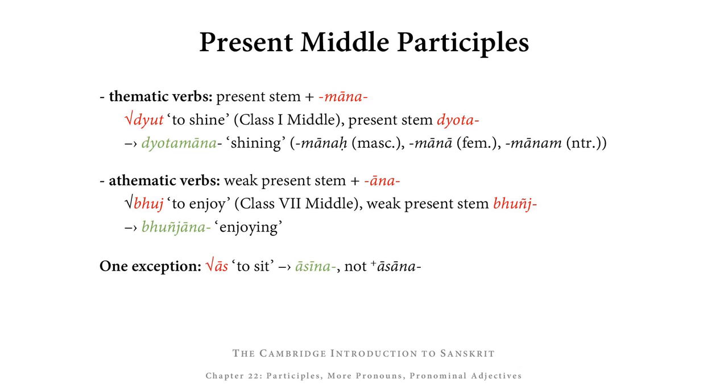And to that we then add ana, giving us bhunjana, enjoying. And that again declines just like a normal short a, long a stem. There's one notable exception, and that is of the verb as, to sit, where we do not have the present middle participle asana that we might expect, but rather we have asina, meaning sitting.